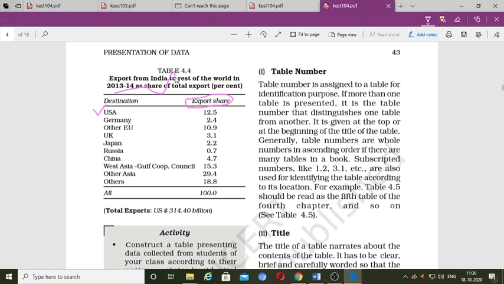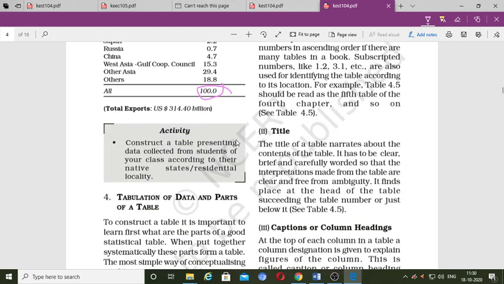We have seen that USA's share of total export was 12.5%, Germany 2.4%. In this way, the total 100% is divided among different countries. Here we can see that the maximum export from India to the rest of the world is to USA. USA imports many things from India.